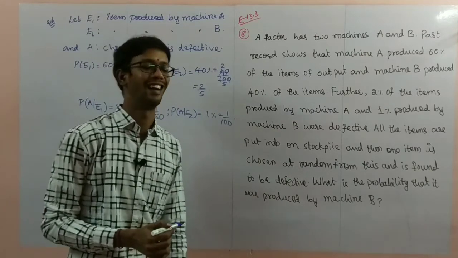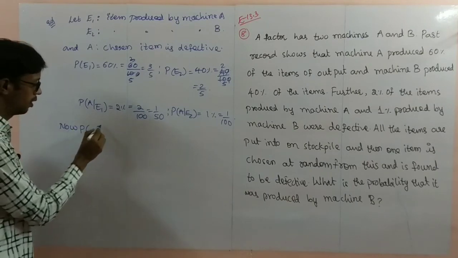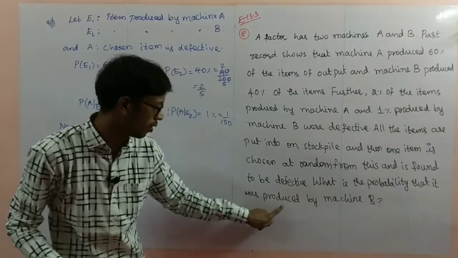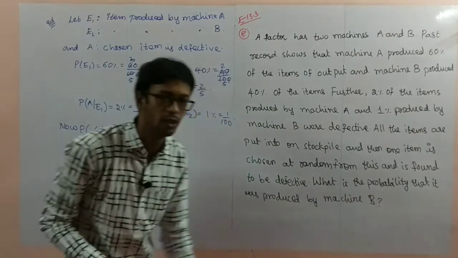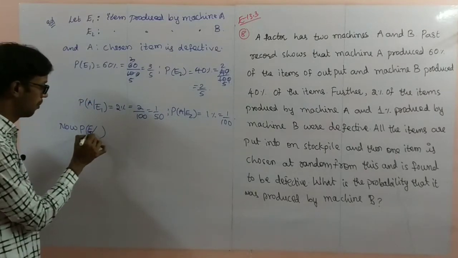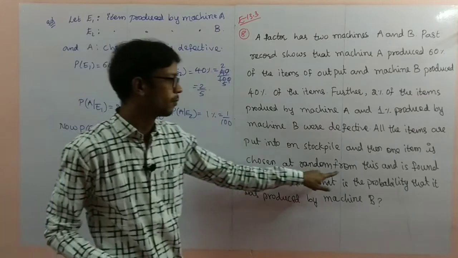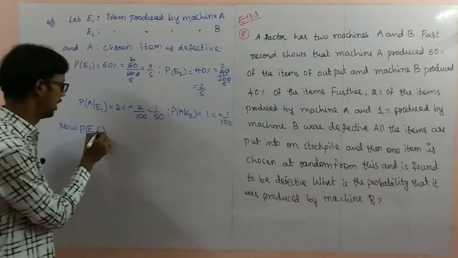Now we have to find the probability that the item was produced by machine B. Machine B probability is asked, E2, given that it is found to be defective.